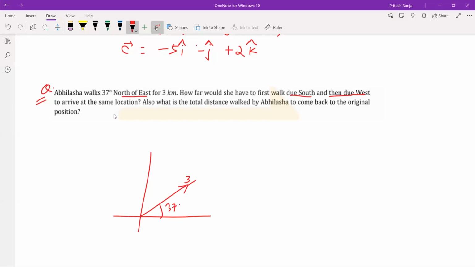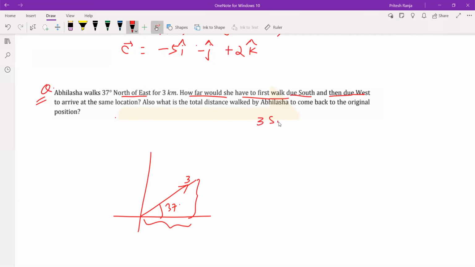So Abhilasha walks 37 degree north of east, and in the next situation, you have to find how far would she have to first walk due south and then due west to arrive at the same location. That means the perpendicular components we have to find.